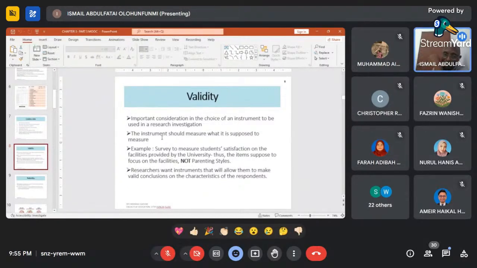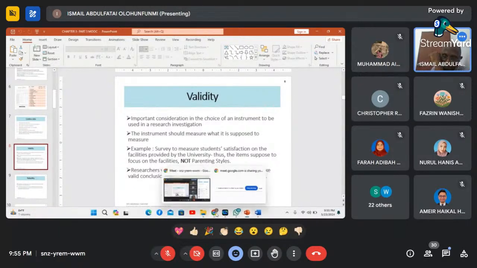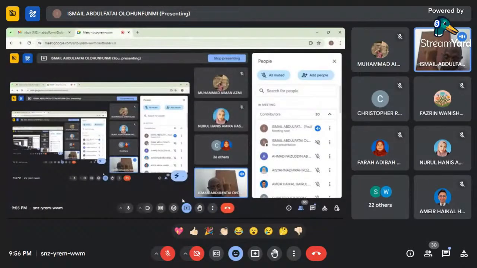So when we are talking about validity, you know that every one of you will generate your instrument. Even in qualitative research, you have your instrument. In quantitative research, you have your instrument.